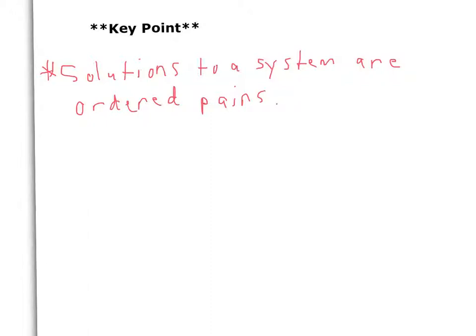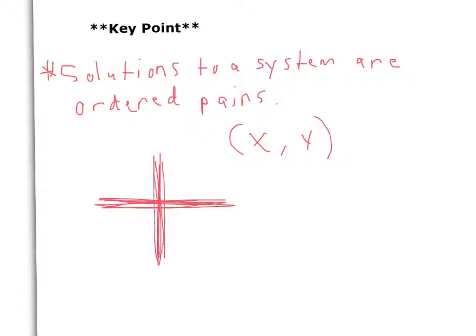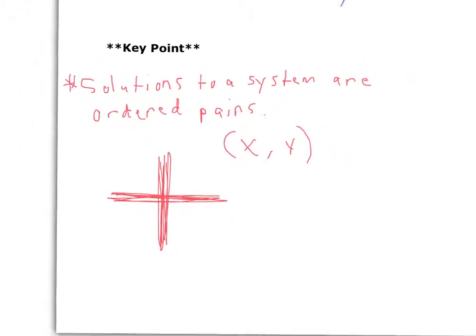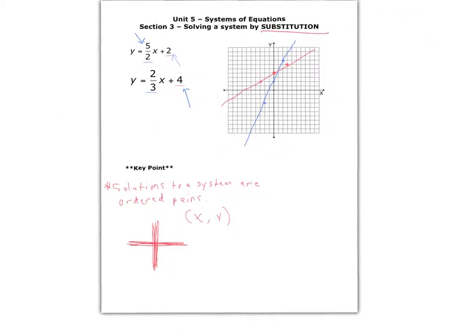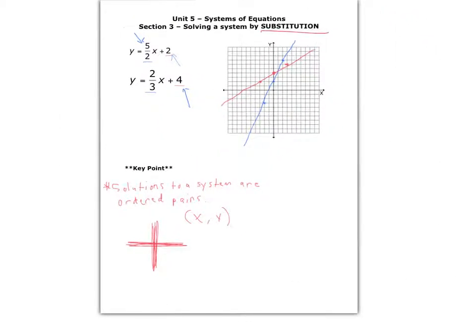You must remember that. And remember, an ordered pair is always your x first and then your y. If you're looking at a coordinate grid, you move in your x direction and then in your y direction. Make sure you have these few things down, and we will go through and solve a couple problems.